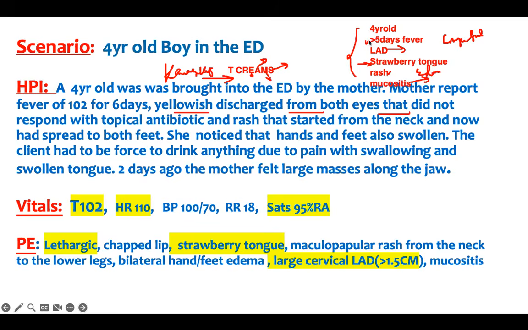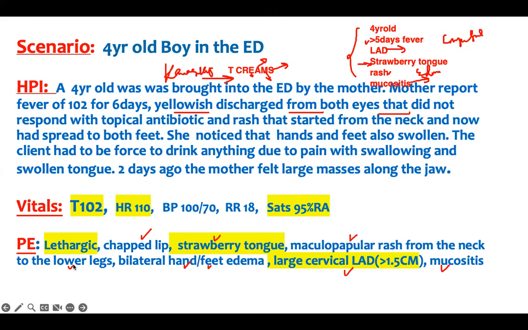I've broken it down, and the physical exam shows chapped lips, strawberry tongue, maculopapular rash, lymphadenopathy, mucositis, and bilateral hand and feet swelling, and the leg. They have to give you all these facts. Sometimes they want you to know expected findings. But if it's in a history, sometimes they will list all of them, sometimes not all of them. They'll give you enough to make the diagnosis.